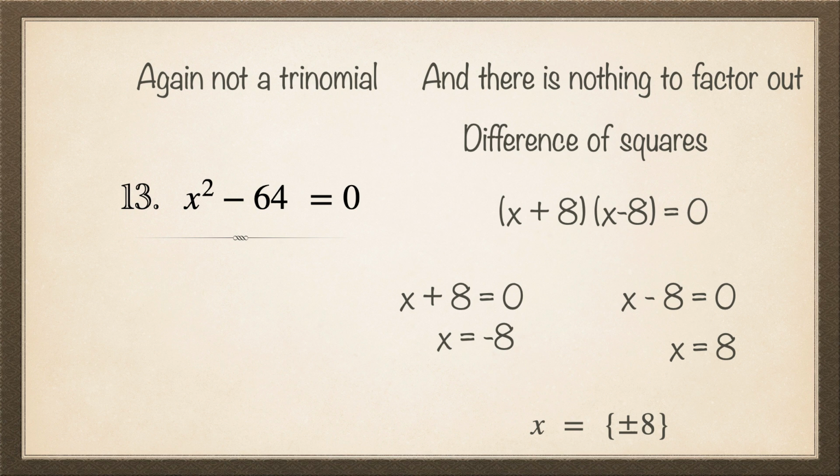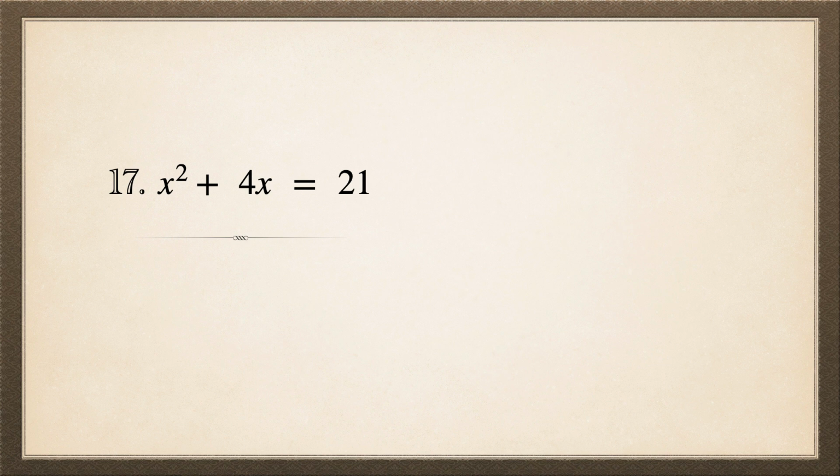So x is equal to positive or negative 8. And once again, what does that mean? That means that the parabola goes through the x-axis at +8 and at -8. So we found the roots, we found the solutions, we have found the x-intercepts and the zeros.